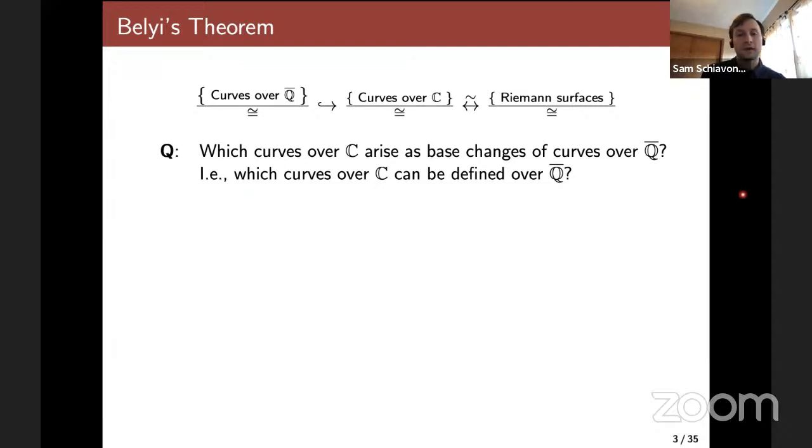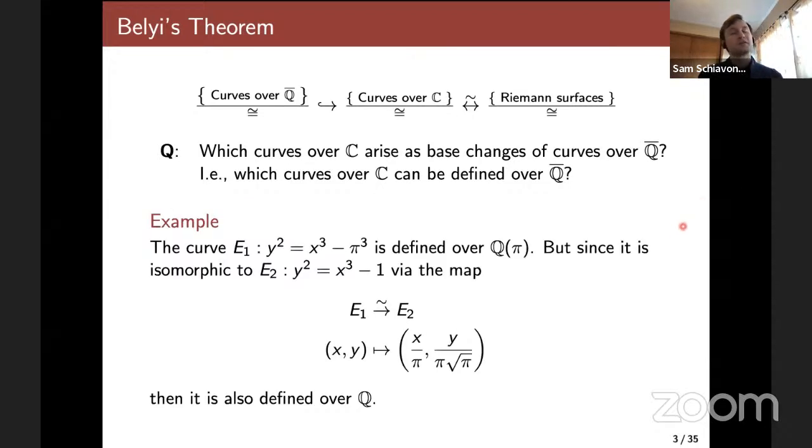I'll just point out that you might think you can just look at an equation, and if it has transcendental things like pi or e, then clearly it must not be defined over Q bar. That's not quite true. Here's an example illustrating that. Here's one elliptic curve, y squared equals x cubed minus pi cubed. You can clearly see that this is defined over Q(pi), but pi is transcendental.